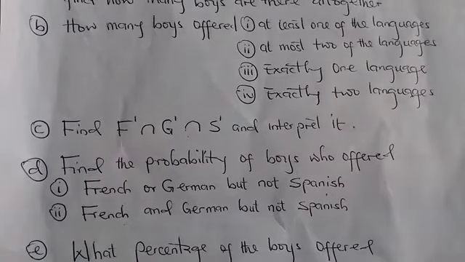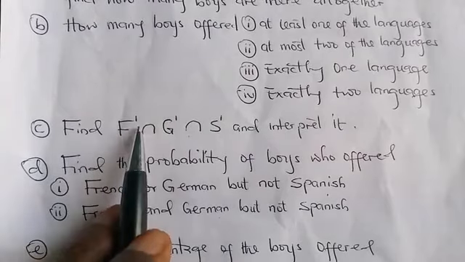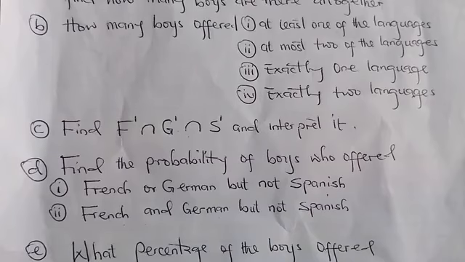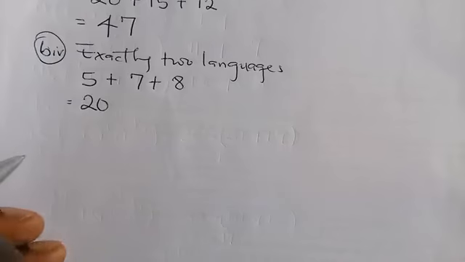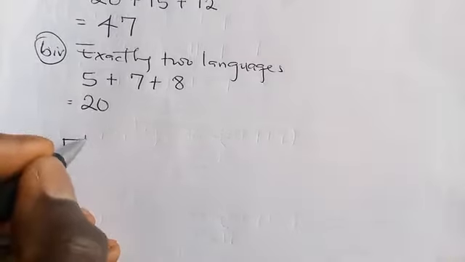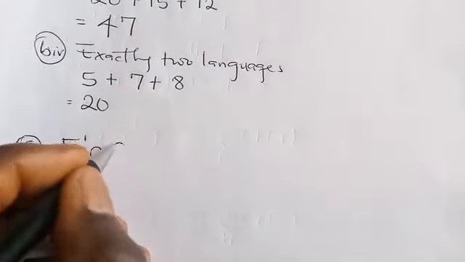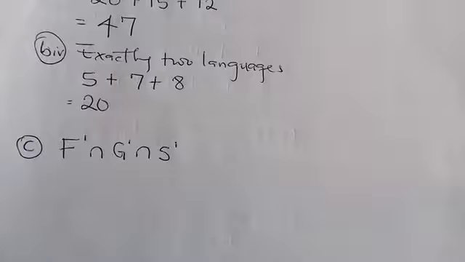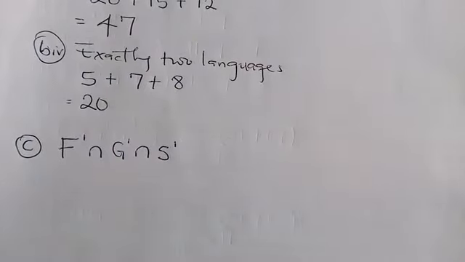The next question here is that we should find F prime intersecting G prime intersecting S prime and interpret it. That's the C part of the question. Remember, while we were extracting the data in the equation given to us, we have something like this: F prime intersecting G prime intersecting S prime.